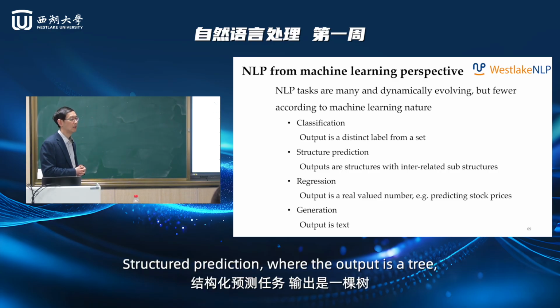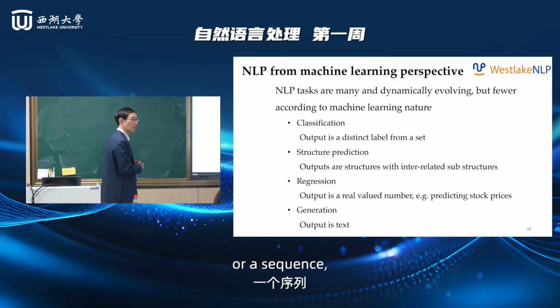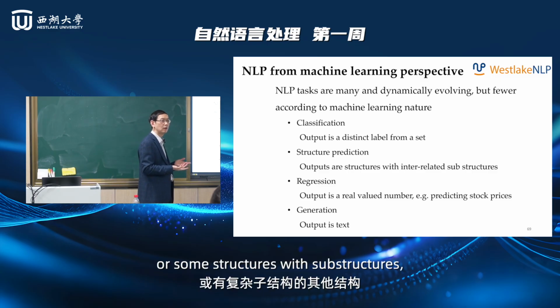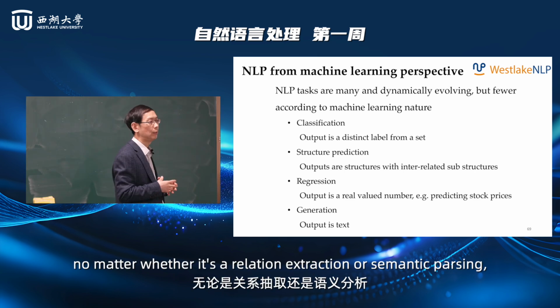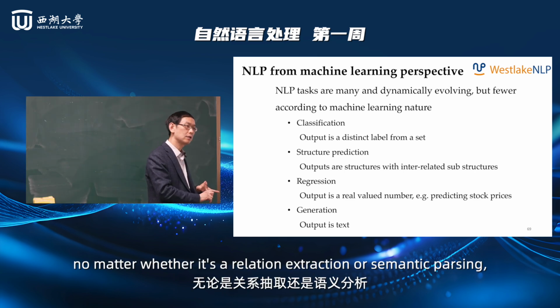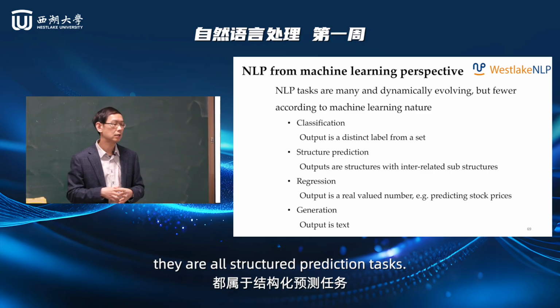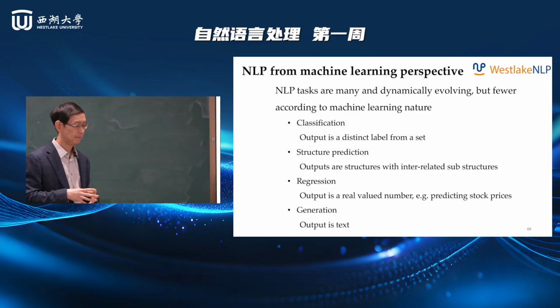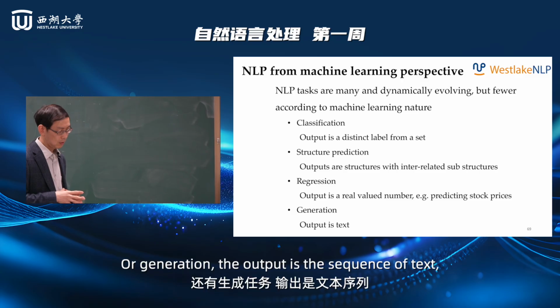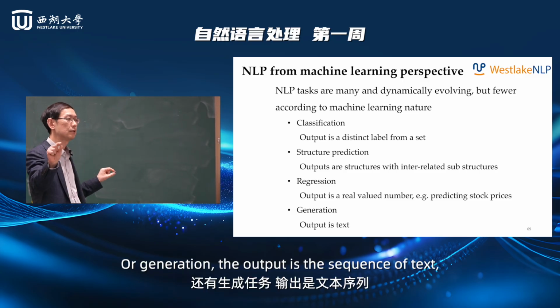Structured prediction, where the output is a tree or a sequence or some structure with substructures. No matter whether it's relation extraction or semantic parsing, they are all structured prediction tasks. Or generation, where the output is a sequence of text.